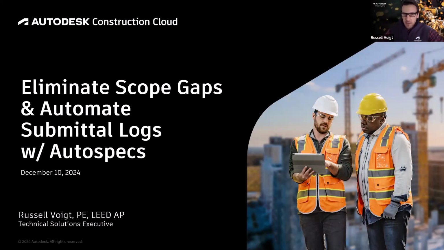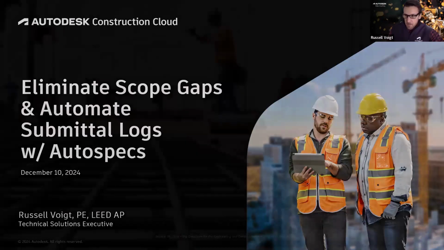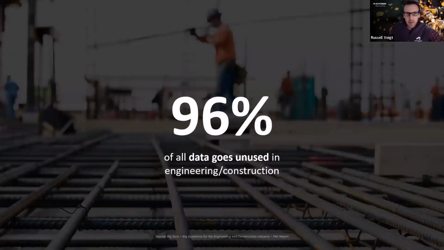Now, part of what I appreciate about AutoSpecs is this. 96% of all data in construction and engineering goes unused. Generally speaking, this could be anything from a Google Street View photo of an existing condition that no one else thought to look at, or it could be one single keyword buried in a 2,000-page spec book that escalates into some kind of event in the form of risk that sometimes you get away with. 9 out of 10 times it works out, maybe 99 out of 100.